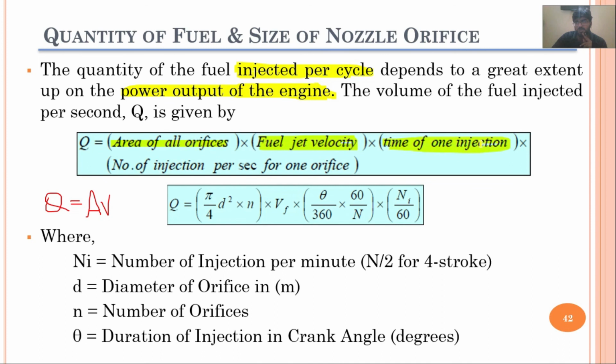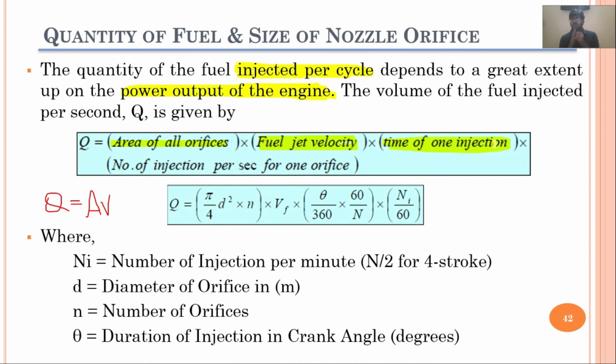This is an important factor, and it is to be understood here that fuel would not be injected throughout the operation. Fuel would only be injected at some particular angle of the crankshaft.